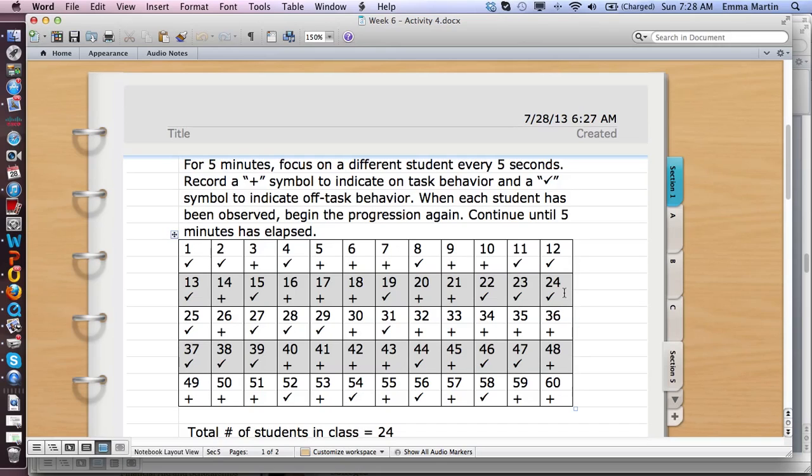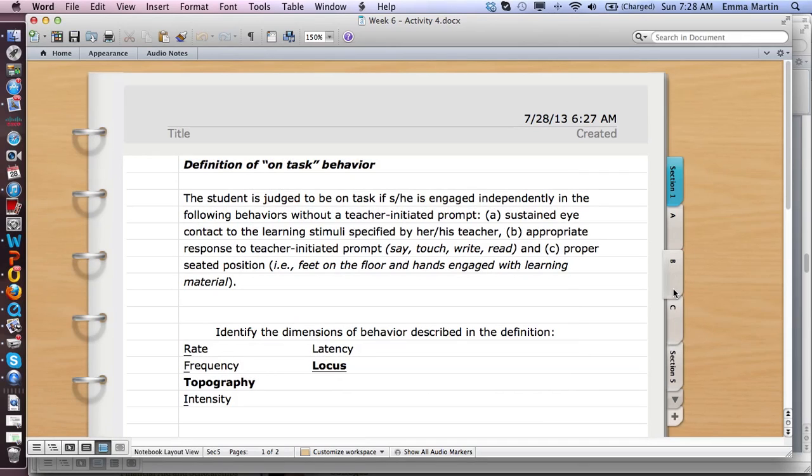So we go back to student 1, and under the cell for 25, we mark that, once again, that student is off task. We progress for 5 minutes in 5-second intervals, and we collect data as to whether or not students are on task.